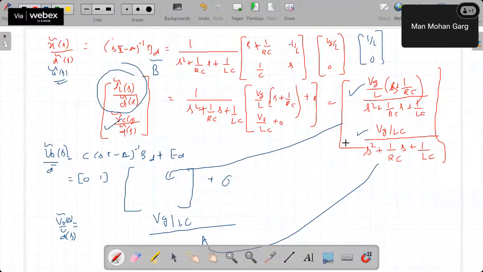So this way we see that we can get the transfer function of any system. We just need to know their individual matrices. After that, we need to get A1, A2, B1, B2, C1, C2, and E1, E2. Once they are obtained, then we can easily find out any transfer function depending upon our control requirements.